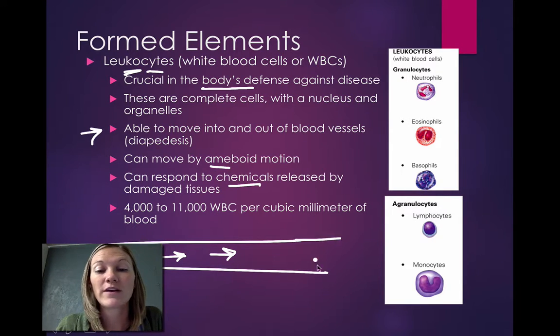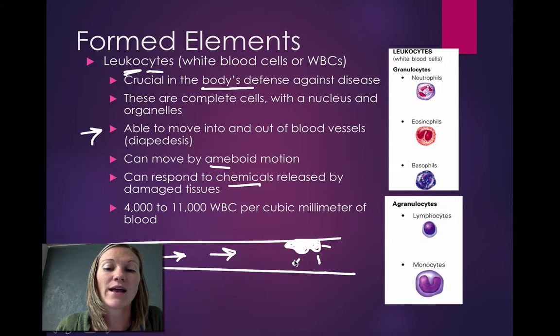So for example, if you have an area of your body, we'll say that it's this little whitish area that is inflamed or has an injury to it, it will send out a chemical signal, and white blood cells will be the ones that respond to that chemical signal with sort of like a backup aid.